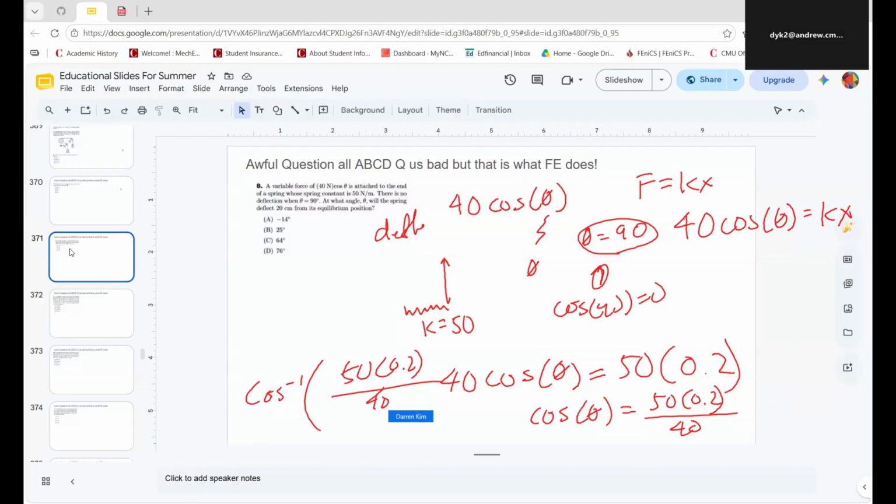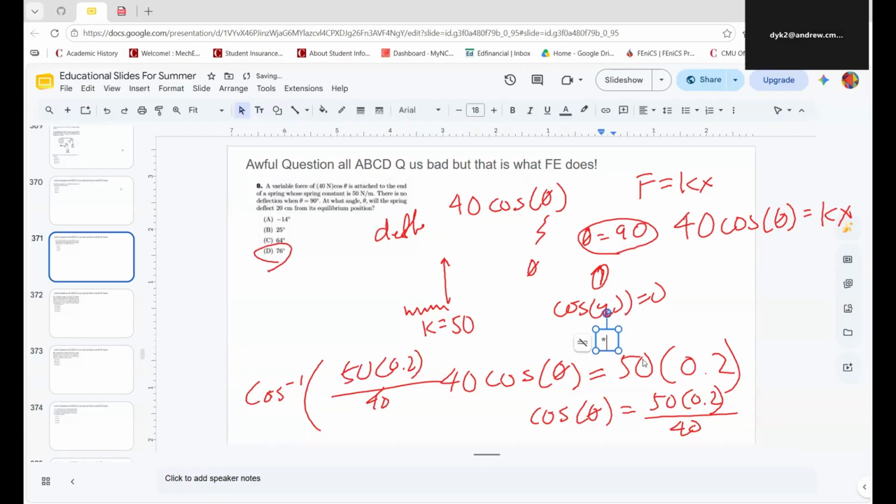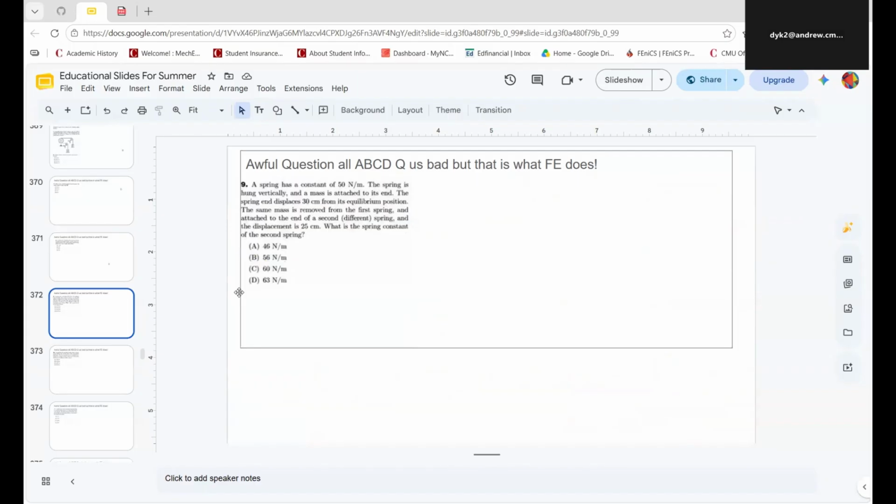Yeah, that's a good answer. 50 multiplied by 0.2 divided by 40 gives 75. So I think it's just this. That is a weird question. I must admit I don't like it because it's weirdly just plugging in. Both of these questions feel like something's missing. I don't know, but whatever. Not my time to judge.